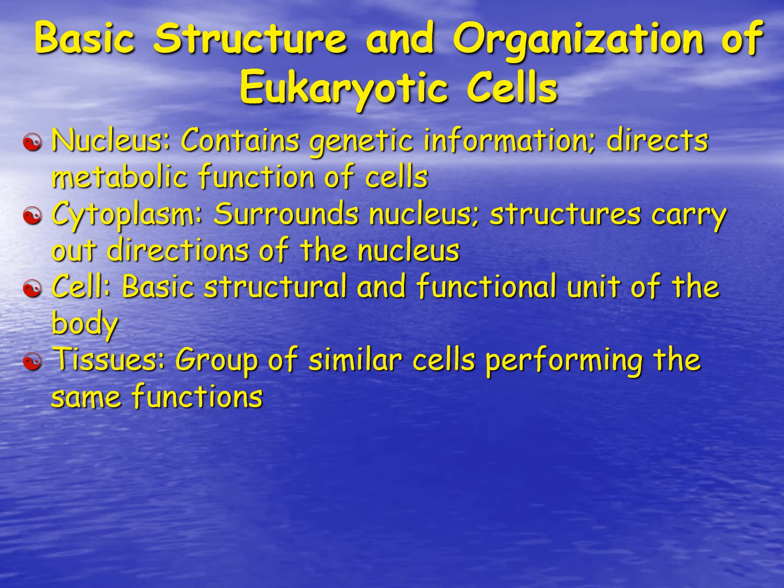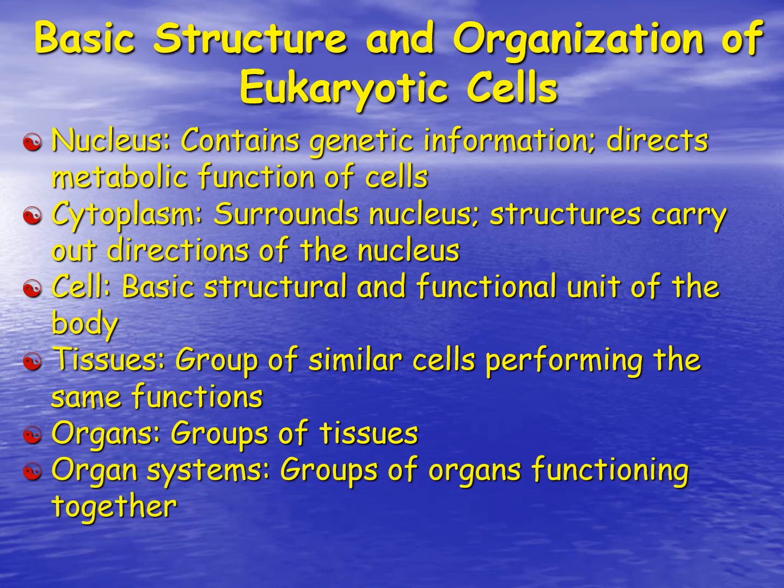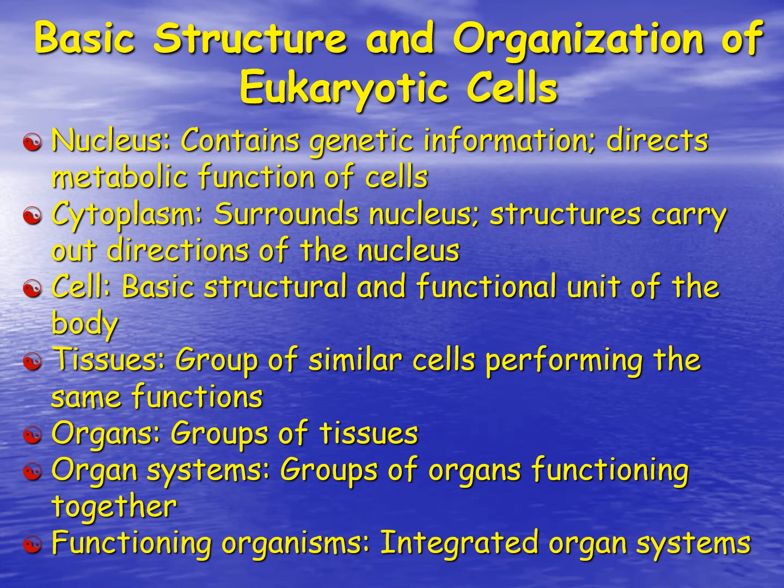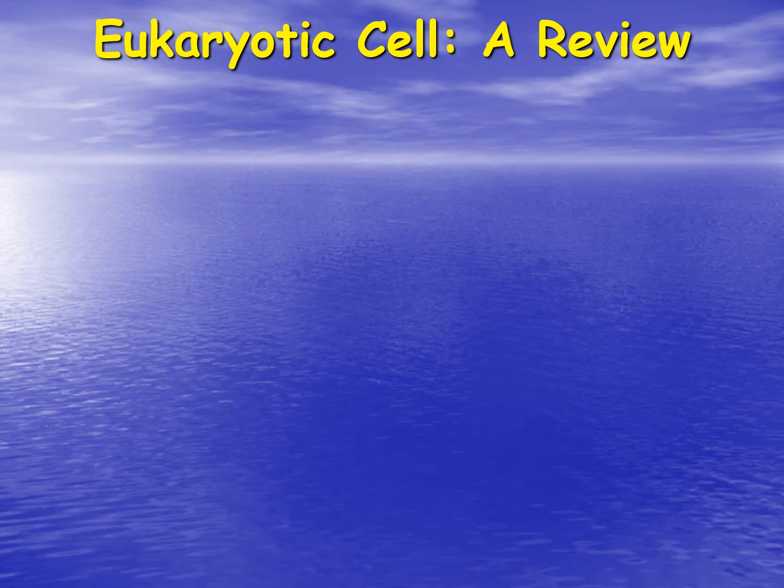Tissues are groups of similar cells performing the same functions. Organs are groups of tissues performing the same or similar functions. And the organ systems are groups of organs functioning together in order to provide a particular function within the body. And then the functioning organism is all of the integrated organ systems together.